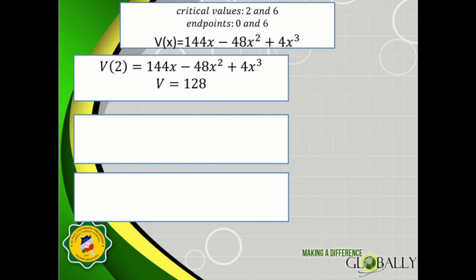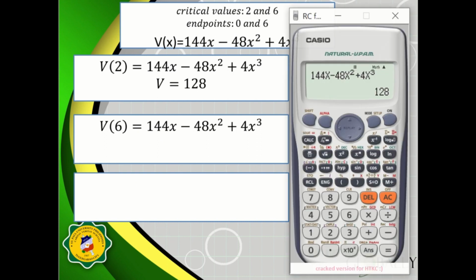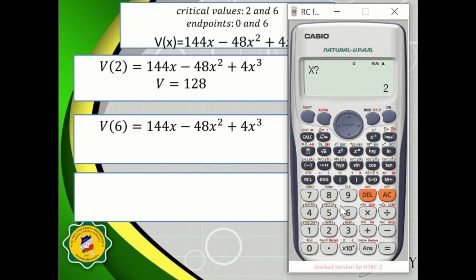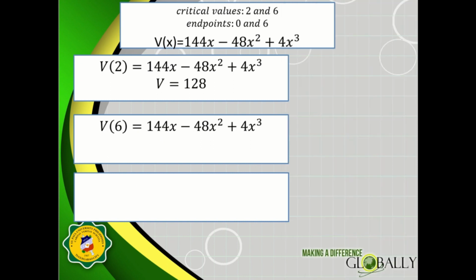So what if the value of x is 6? Again, calc, 6 and equal sign. It will give us 0. Very good. So what if the value of x is 0? It will also give us 0.